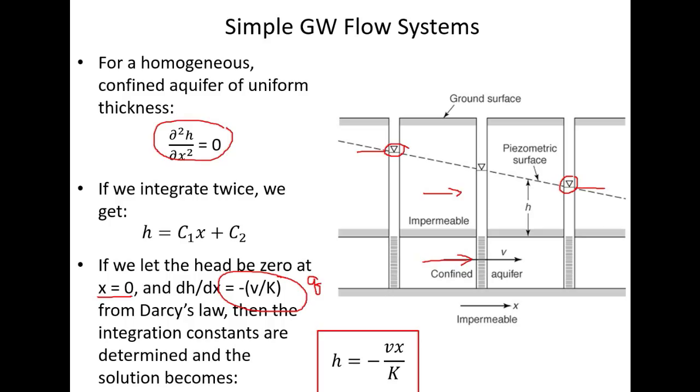So if we have dh dx is equal to minus specific discharge or Darcy velocity over K, then that's just the slope, and we have the equation of the line where head is going to decrease from left to right here, and it's going to decrease with the slope of Darcy's velocity divided by K. It's very simple.